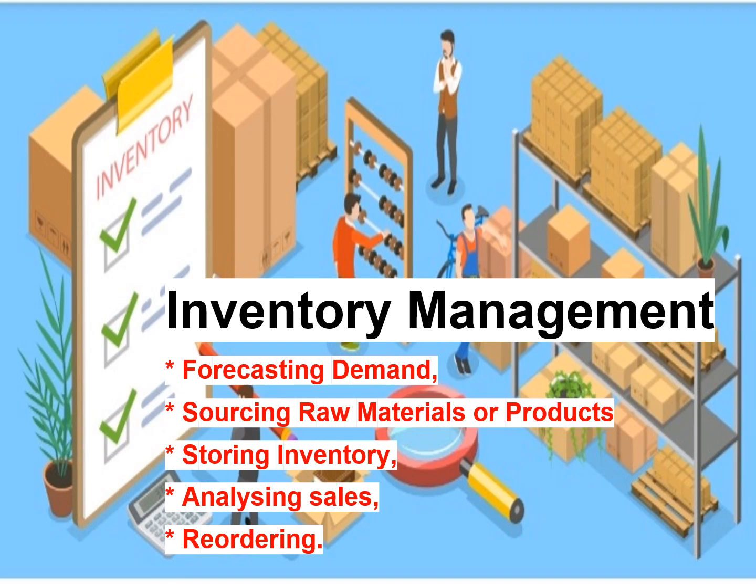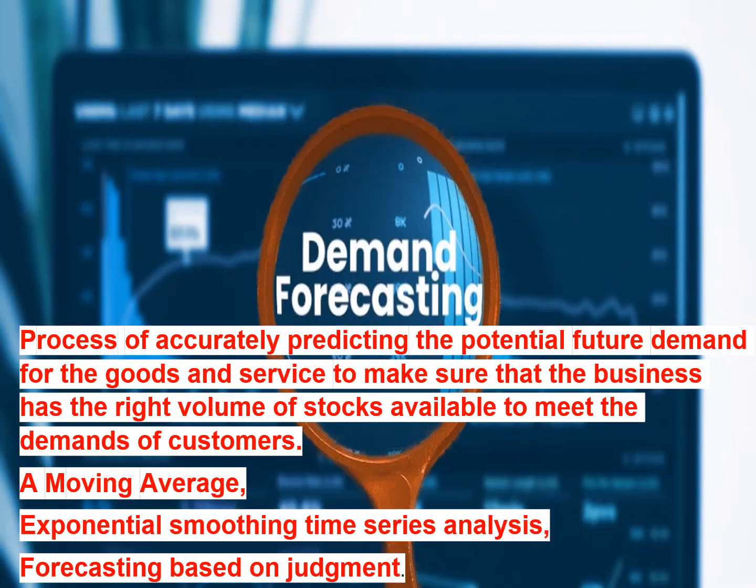Here are some of the best inventory management techniques which we are going to discuss in this presentation. We will start with demand forecasting, which refers to the process of accurately predicting the potential future demand for goods and services to make sure that the business has the right volume of stocks available to meet the demands of the customers.